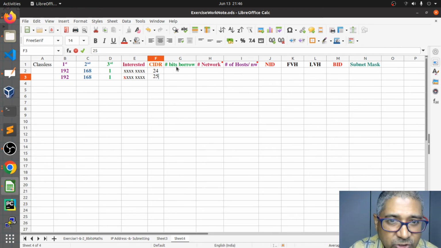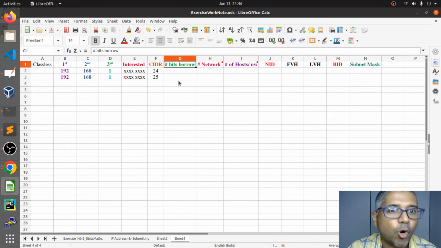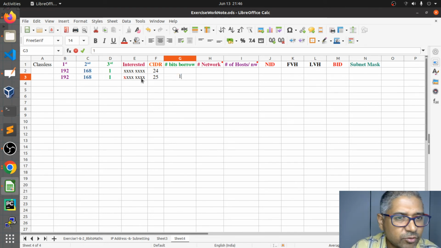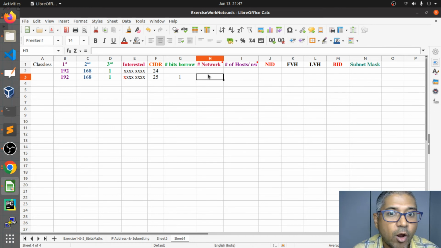Now the next terminology is called number of bits borrowed. So tell me, how many bits borrowed? One. Can you see the one bit borrowed? Excellent. Now number of networks.